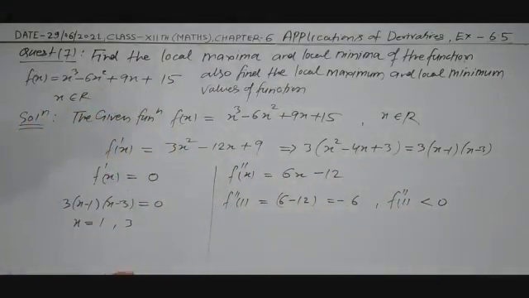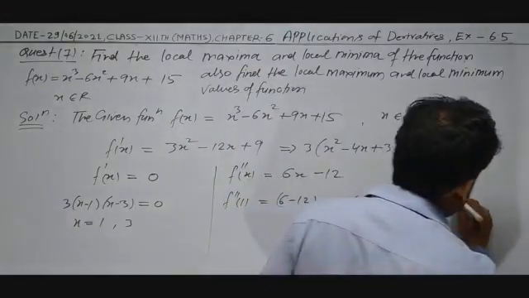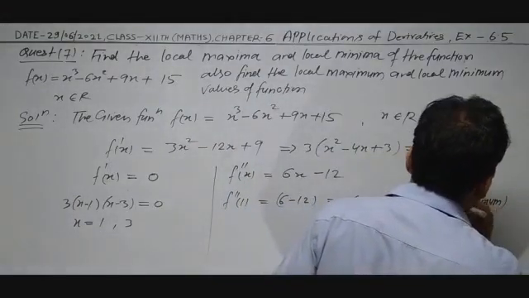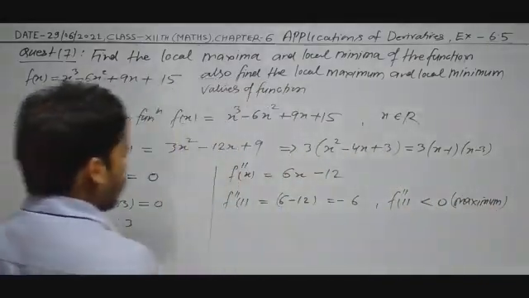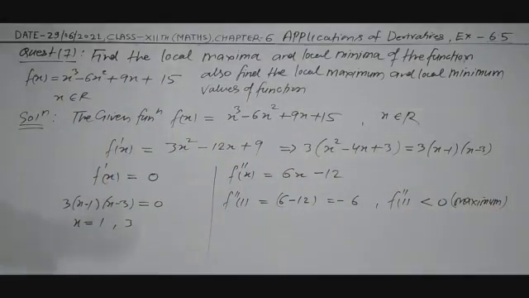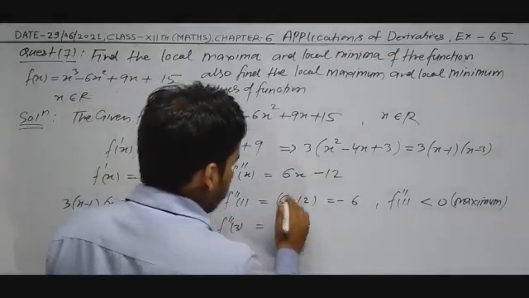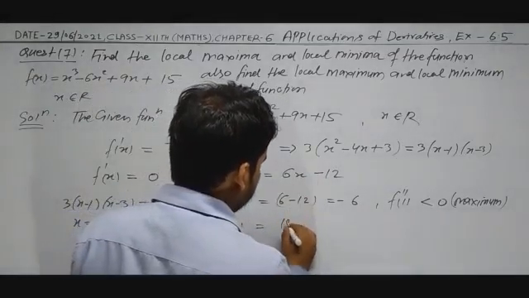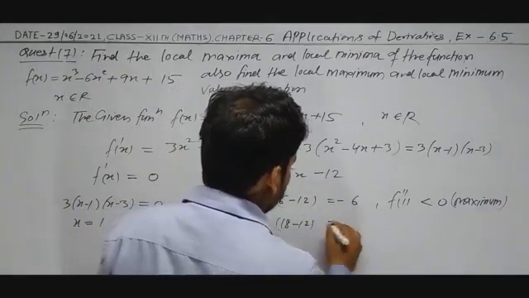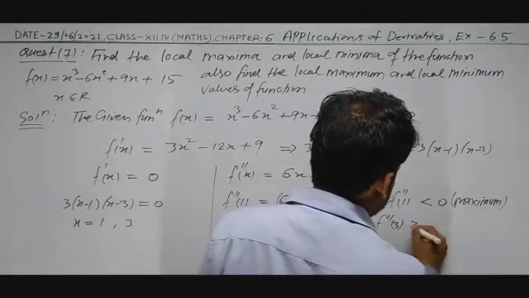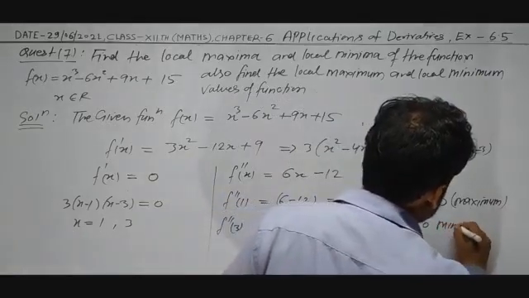So maximum. And at 3, you will see f double dash 3: 3 sixes are 18 minus 12, result 6. So f double dash 3 is greater than 0, that is minimum.